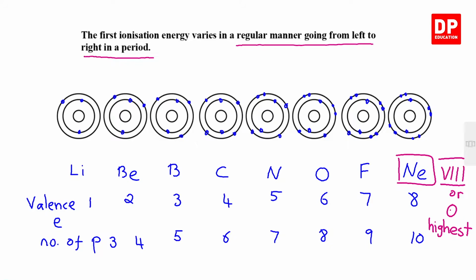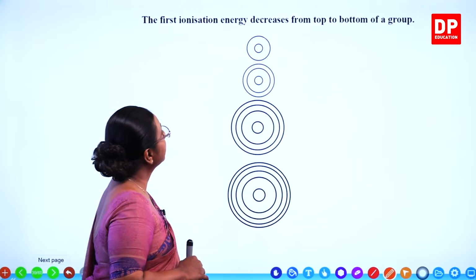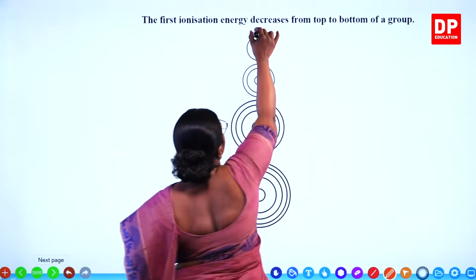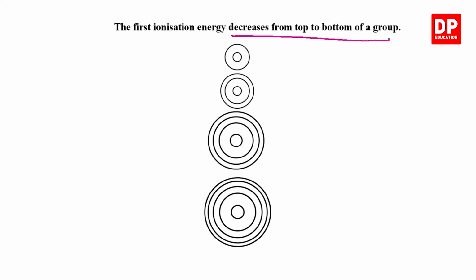Now we will look at how the first ionization energy varies down a group from top to bottom. The first ionization energy decreases from top to bottom. Now we will see why this happens.